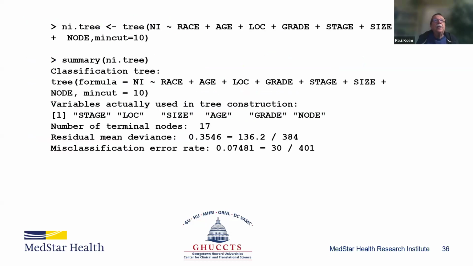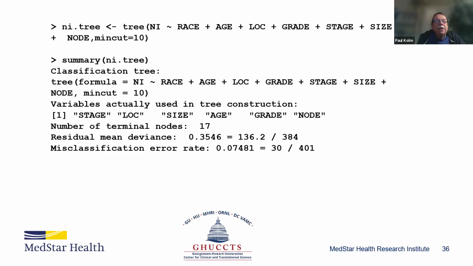And so here is the first analysis with 6 of the variables in it. You can see the output gives us the variables actually used in the tree construction. In this case, all 6 are used: stage, location, size, age, grade, and node status.